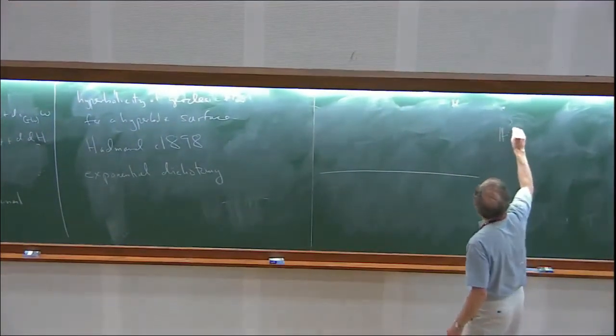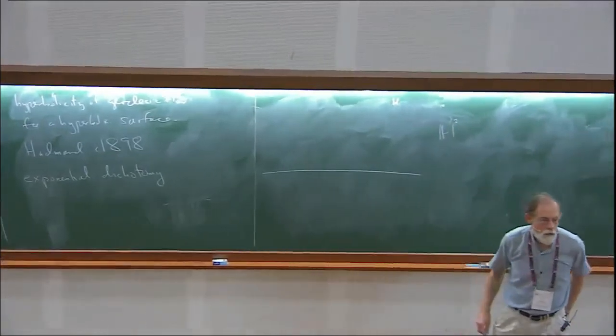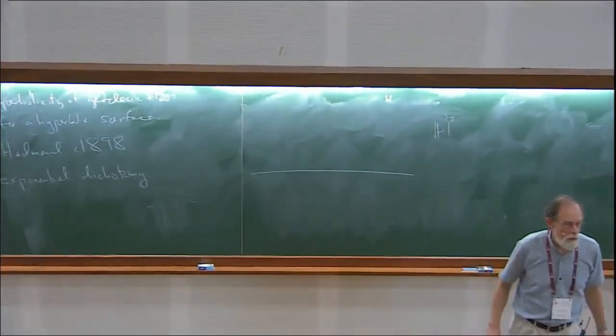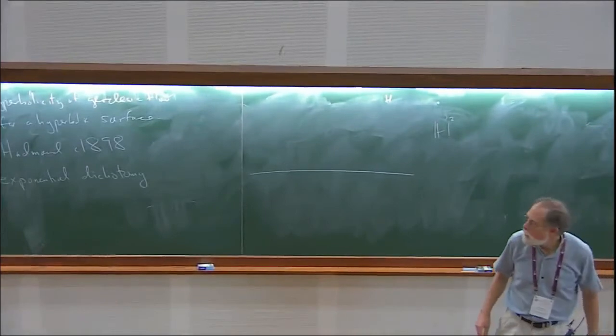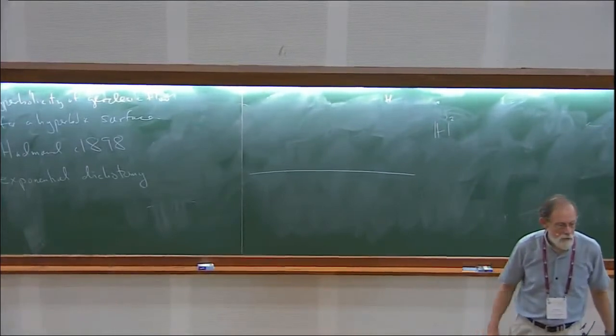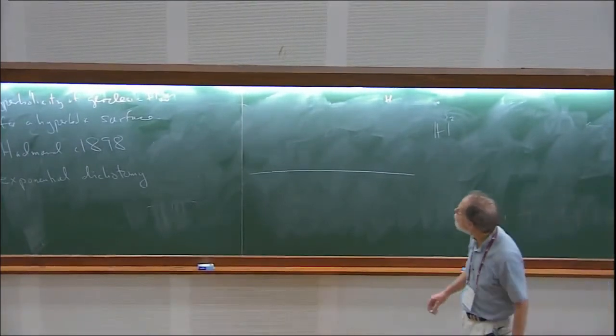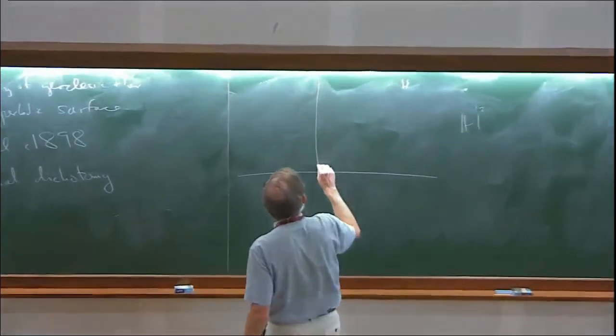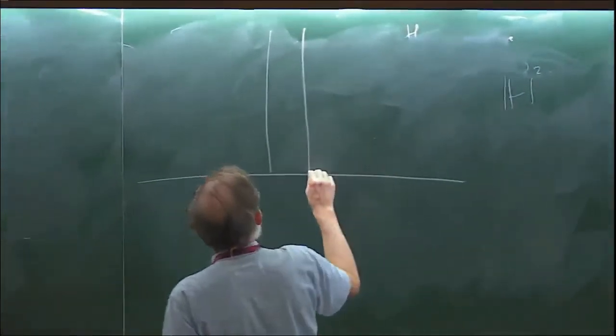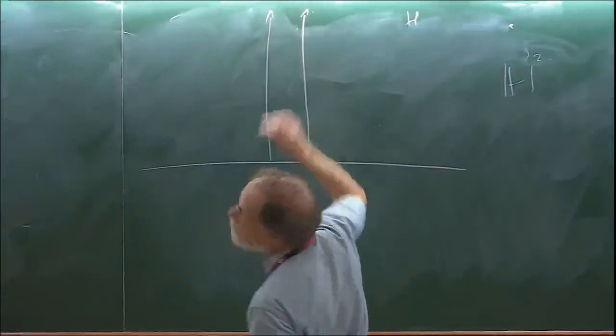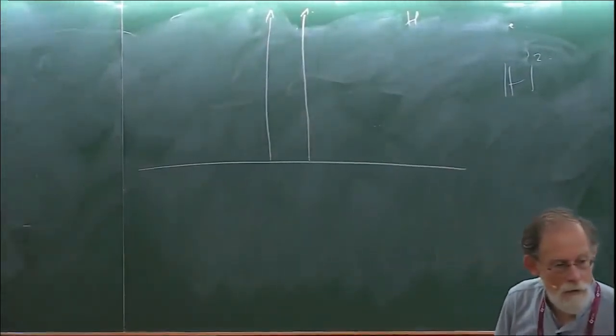This is H2. Actually, the picture works just the same in H^n, but maybe the little calculation I'm going to do is clearer in H2. I want to think of two geodesics. They go that way, off to infinity.